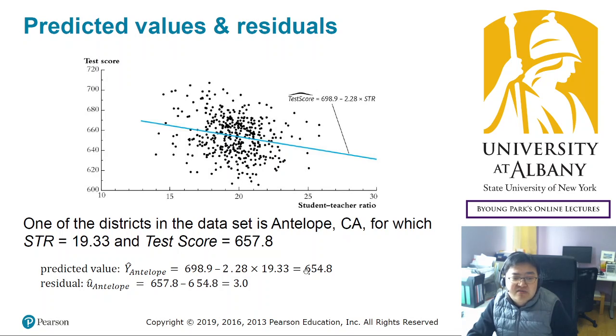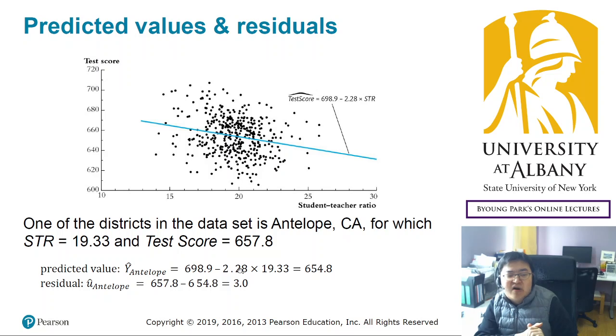So as a result, test score is predicted to be 654.8. This prediction does not use the actual test score outcome, right? It is based only on student-teacher ratio and estimated slope and intercept.